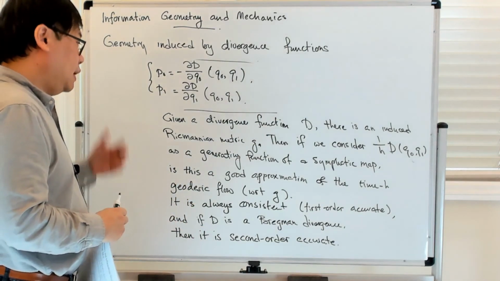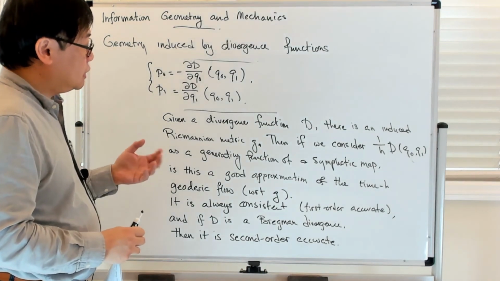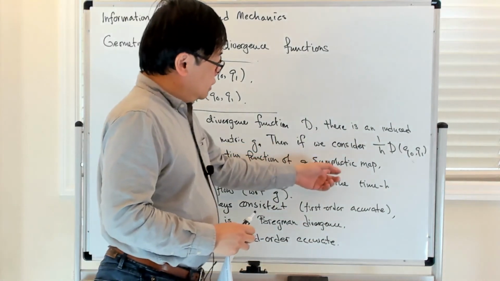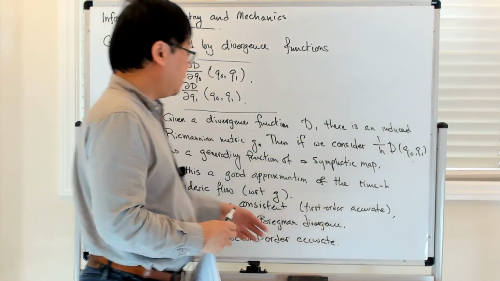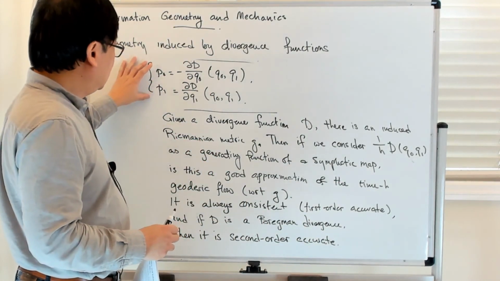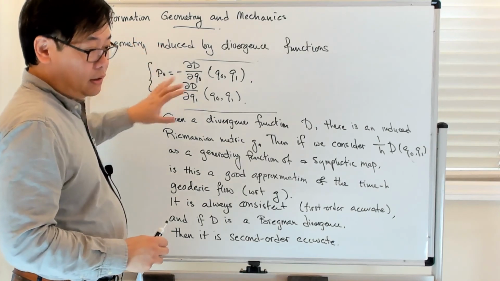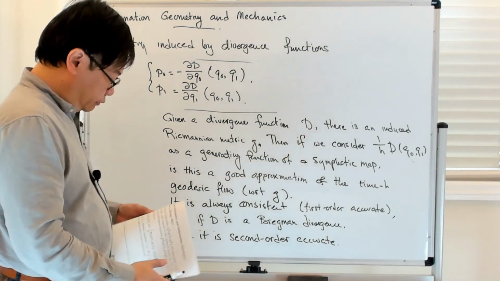That's interesting because it allows you to connect divergence functions with their geodesics, and to think of divergence functions as defining a symplectic map, using the notion of a type 1 generating function.